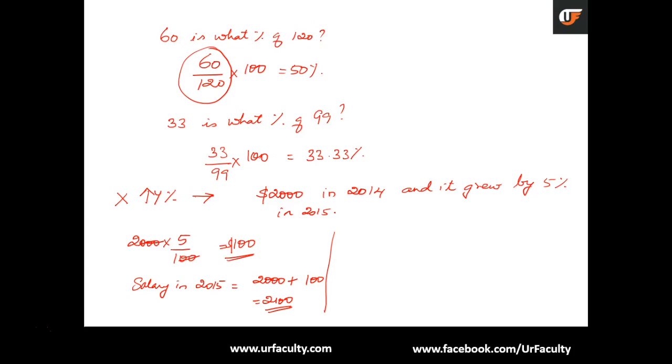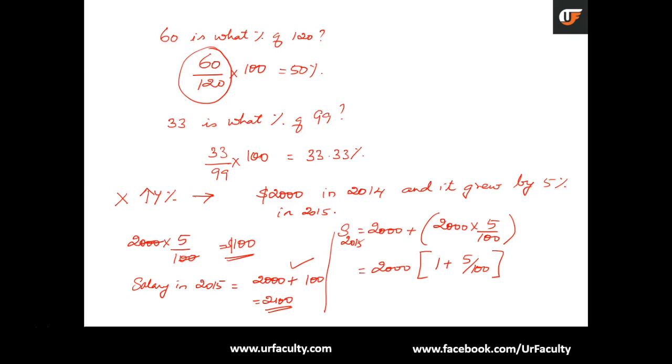Now, what is the other way to look at the same problem? Let's take the final expression that we used here. We have written 2000 plus 2000 into 5 by 100. If I take out this 2000 to make an expression, salary in 2015 is equal to 2000 into 1 plus 5 by 100.